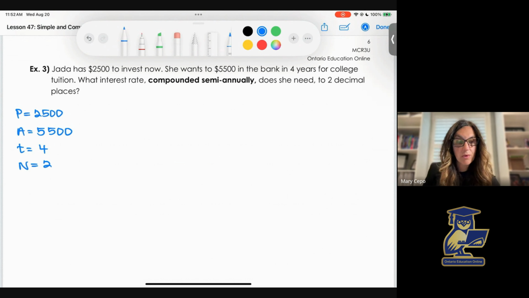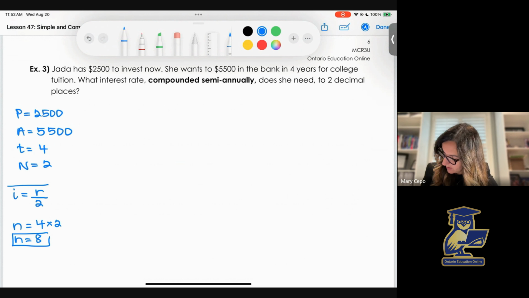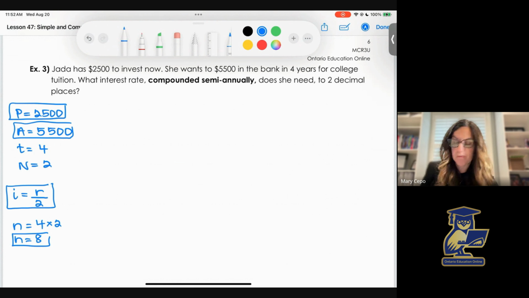Remembering in our formula, i is always the rate divided by the compounding period, and n is always the time times the compounding period. So we can fill in some work here.